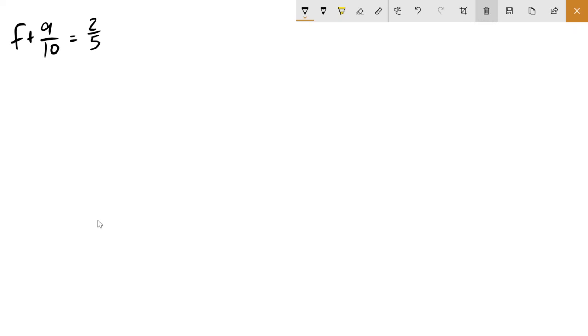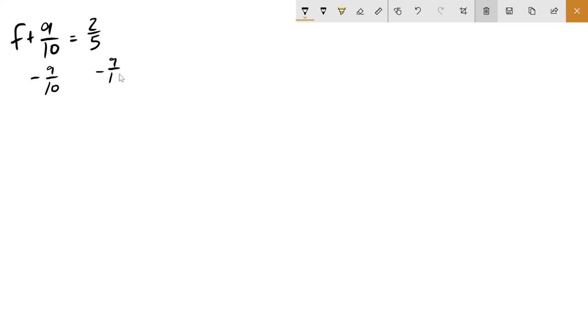All right, so I know you guys are still working on it, but I just want to make sure I can get you the solutions before we leave today. So this one started out, it was an equation with f plus 9/10 on the left-hand side equal to 2/5. Trying to solve for the value of f. Well, I got a plus 9/10, so what should we do to solve here? We would just take away 9/10 from that side, which is fine.